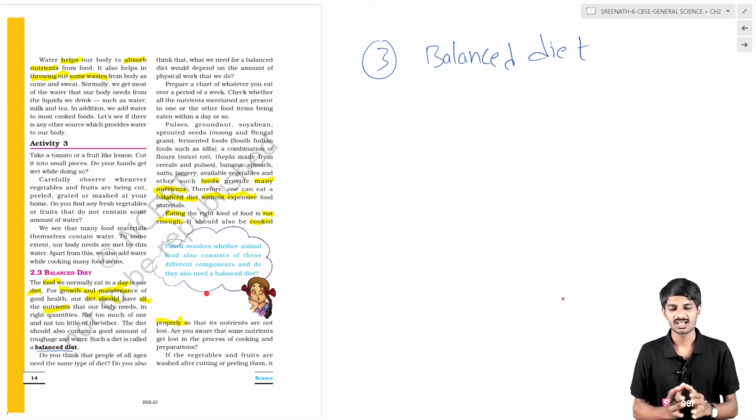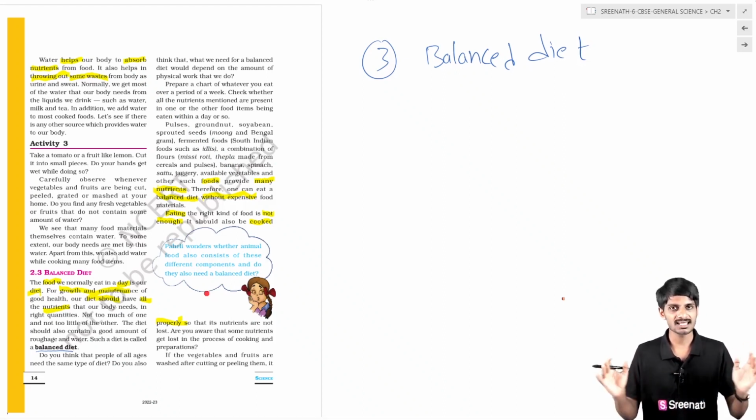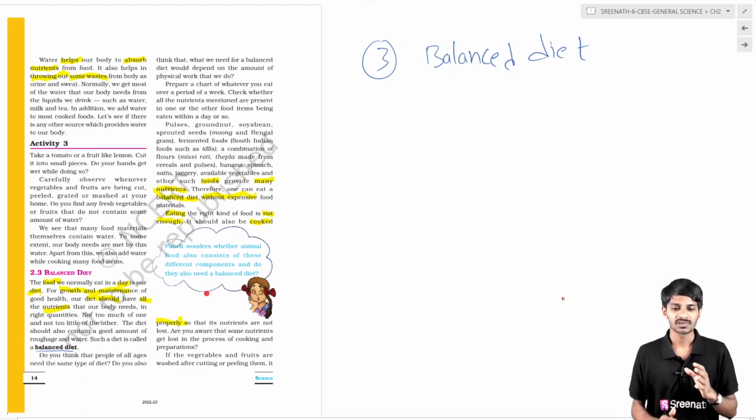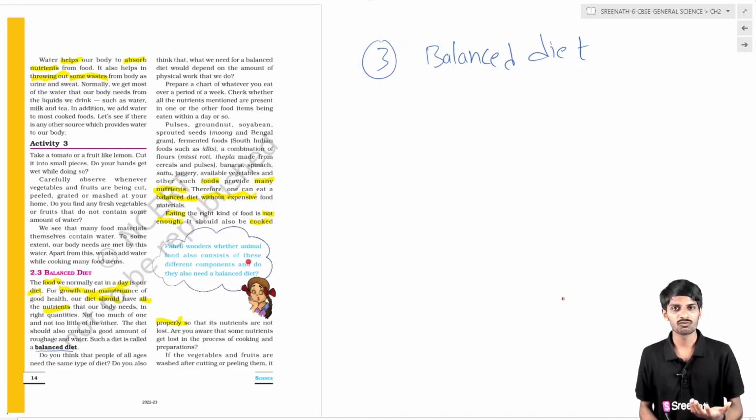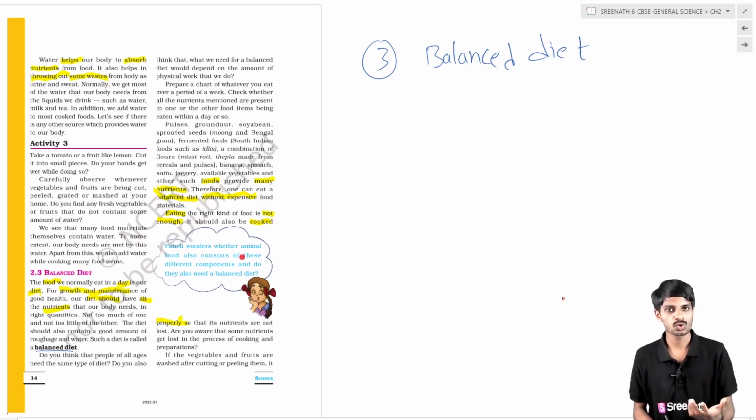But just adding all the ingredients which are rich in nutrients to our food is not enough to get a balanced diet. Why? The way of cooking, the way of preparing the food items plays a key role in a balanced diet, because while cooking, some nutrients will be lost.